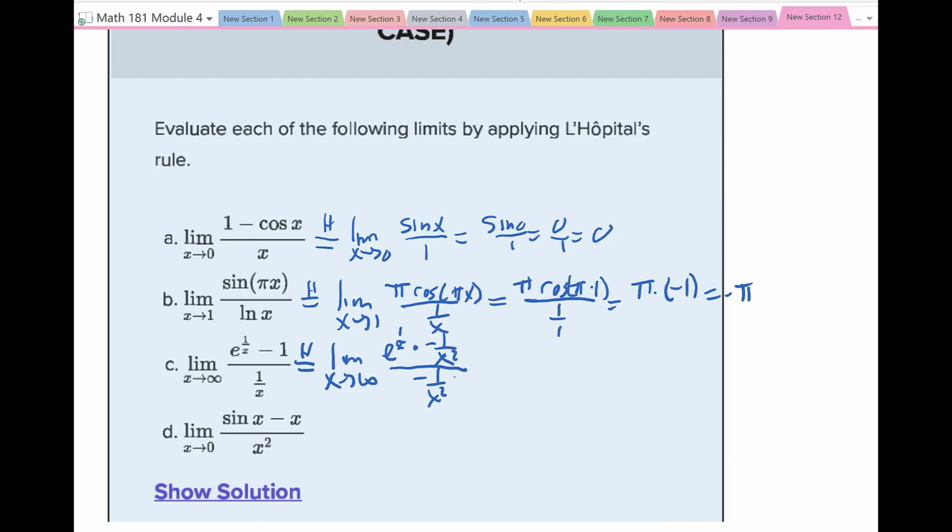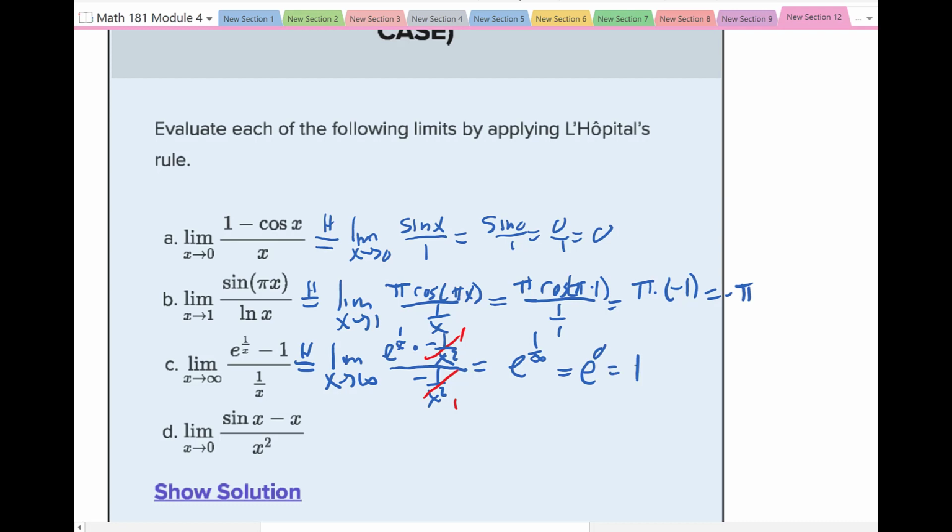This coefficient then would divide out, and you'd end up with just e to the 1 over x, so that's e to the 1 over infinity, which is e to the 0, which is 1.